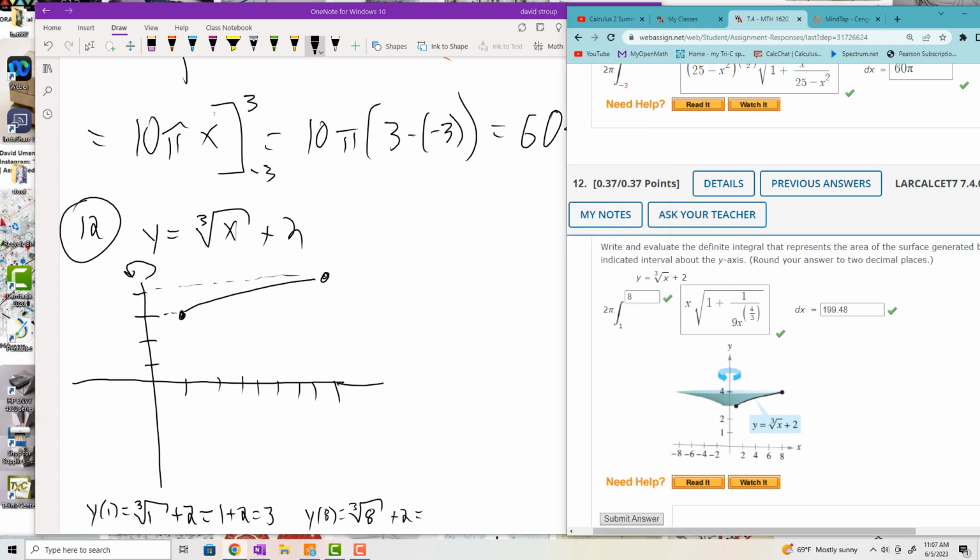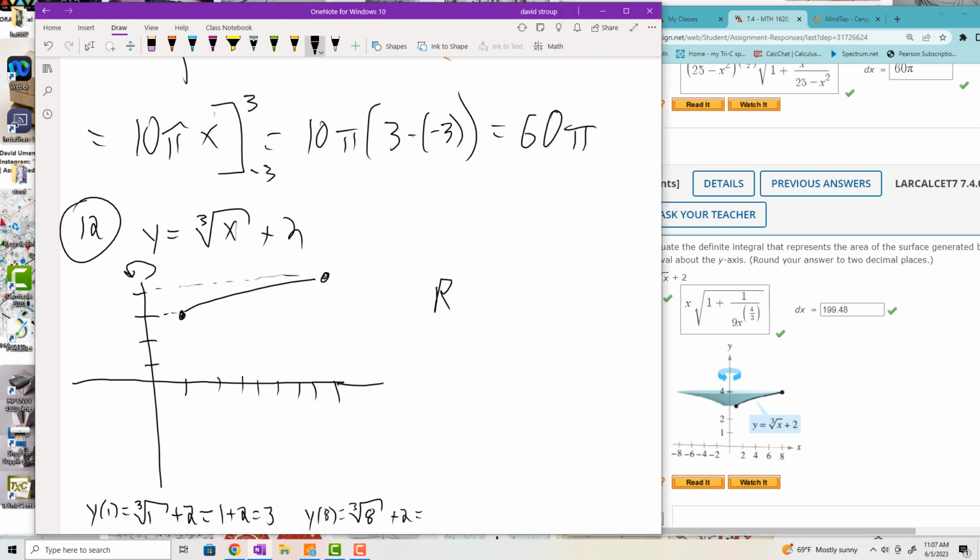Okay, so anyways, we need 2 formulas, and they're forcing you to put both formulas in terms of x, with the way they set it up. So we need an R of x formula, and then we need an L of x formula. And the thing being rotated is this thing right here, right? So in the picture you're going to have your little strip of paper, which is going to be kind of like this.